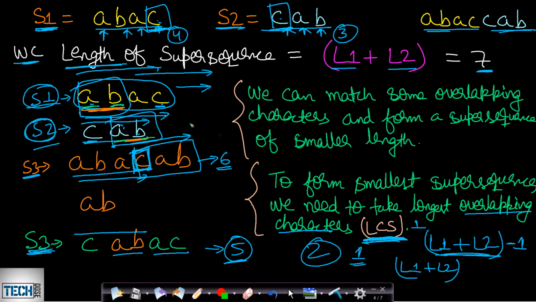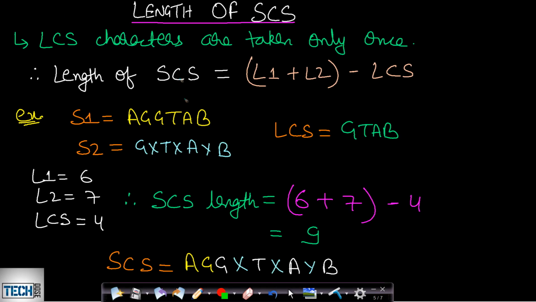Therefore you will have to subtract 1 time the number of characters which are included in this LCS. Okay, I hope you are understanding why we are subtracting this LCS length. So how do we find the length of SCS, which is the shortest common supersequence? In this case, LCS characters are taken only once. Therefore the length of SCS will be equal to L1 plus L2 minus the length of LCS.